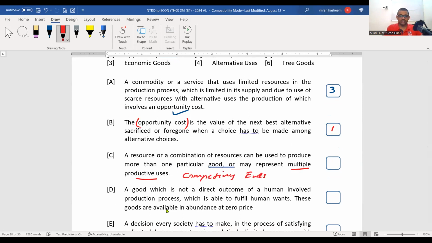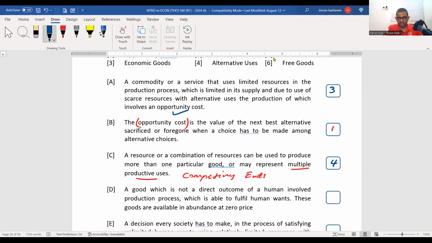So what's the concept then? Competing ends, multiple productive uses. I need multiple responses, please. Yes, good. You are smart to make full use of this opportunity to participate in the discussion. Then you learn, you remember. Brilliant. So yes, number 4, alternative uses.